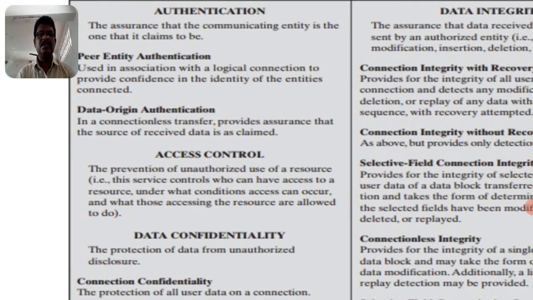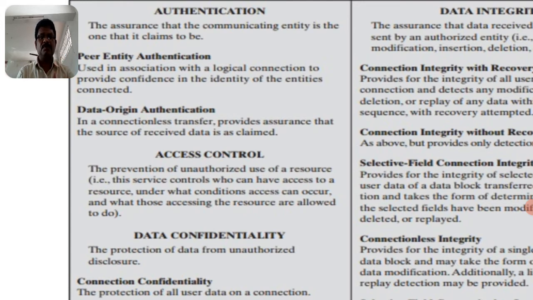So authentication can be identified in two ways. One is peer entity authentication and the second is data origin authentication. What exactly is peer? Peer is system level authentication. Whether this particular system may provide the authentication service or not, or any other person may be involved in this communication. A peer is a device, a communication control which handles the communication of the two parties.